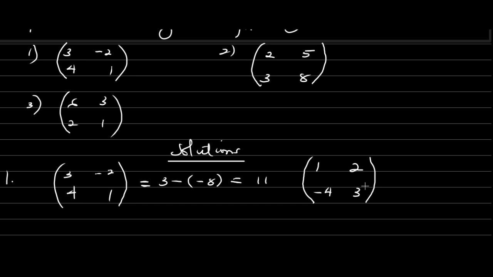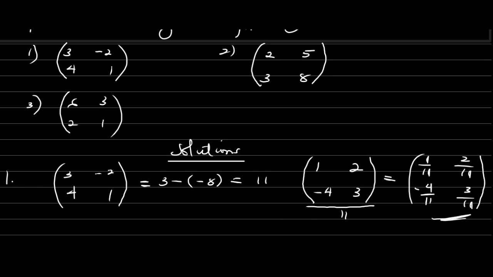So this is the resulting matrix. They now ask us to divide it by the determinant. So this will be divided by what? 11. So the answer will be 1 over 11, 2 over 11, minus 4 over 11, and 3 over 11. So this is the inverse of that matrix.